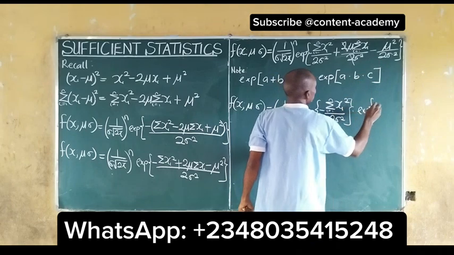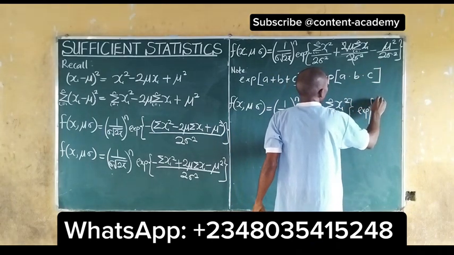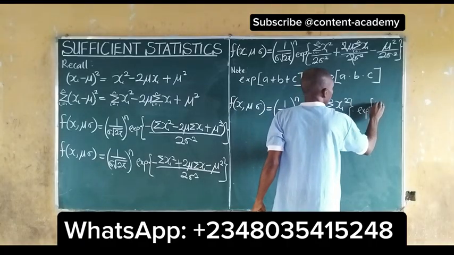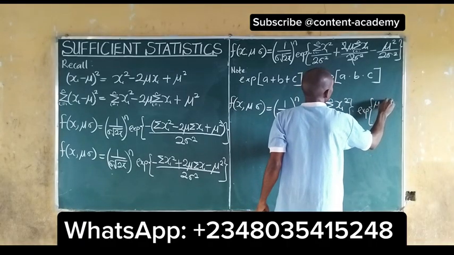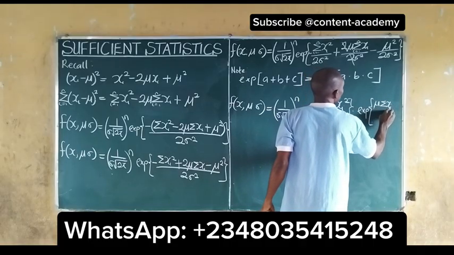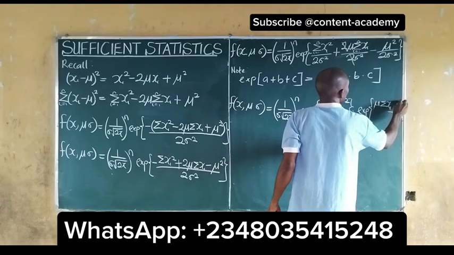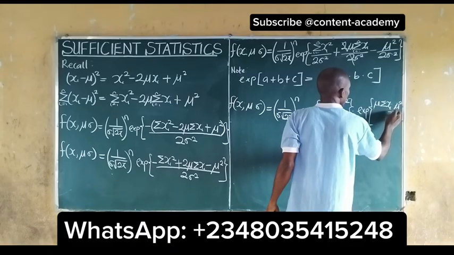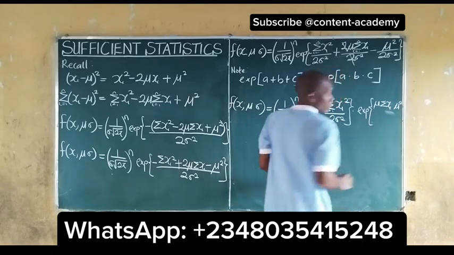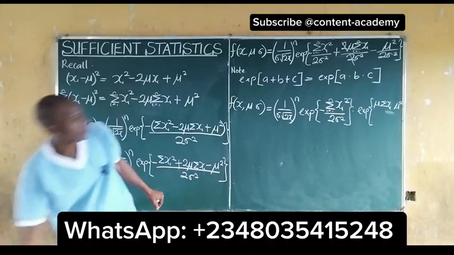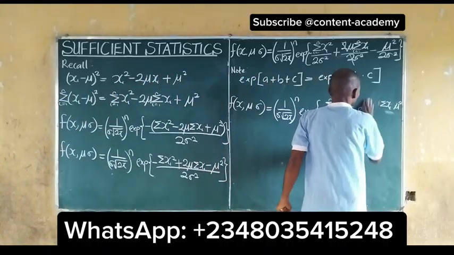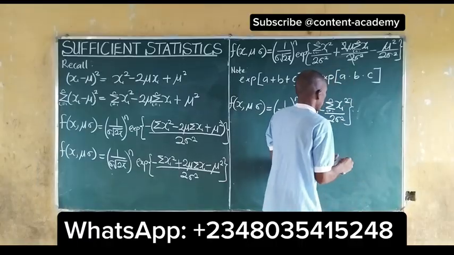We'll now bring this out to give us mu summation of xi. Let me write it out properly because of space.